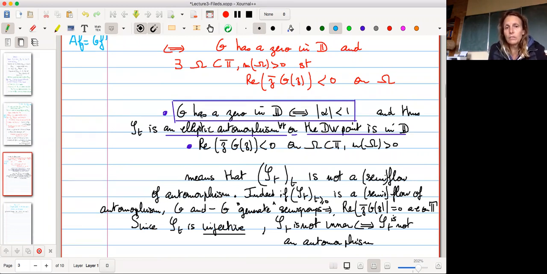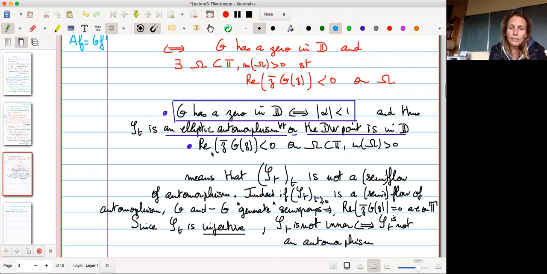So we have this equivalence. Therefore, either phi t is an elliptic automorphism for all t, or it is not. And in this case, the Denjoy-Wolff point is in D, which is the criterion we have.